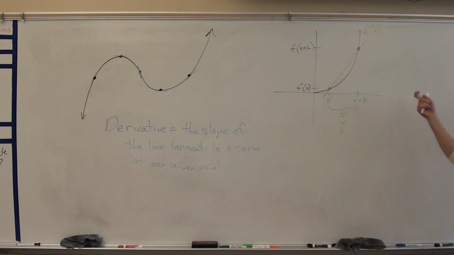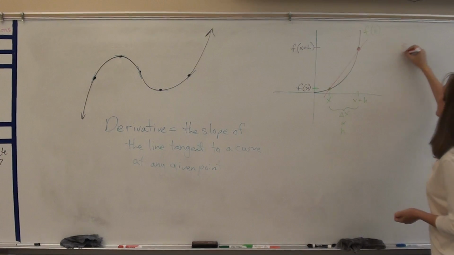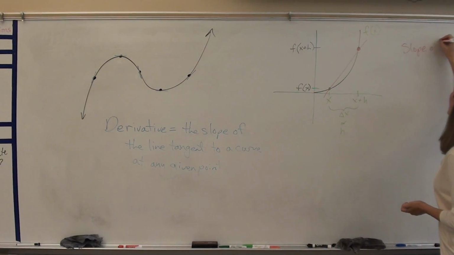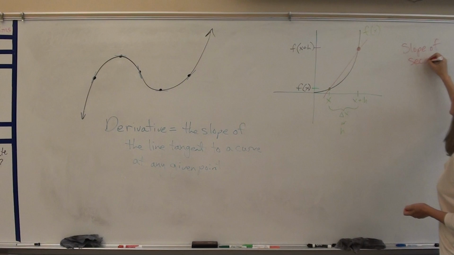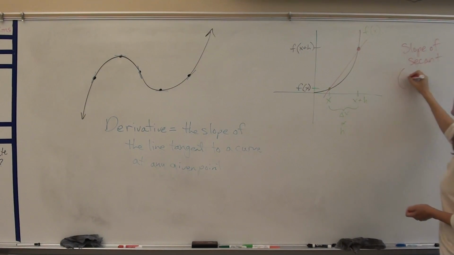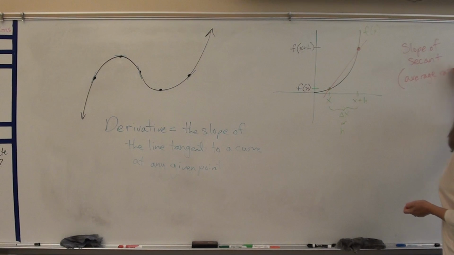So suppose I asked you to tell me how to find the slope of the secant, which in other words is the average rate of change of f of x from x to x plus h.